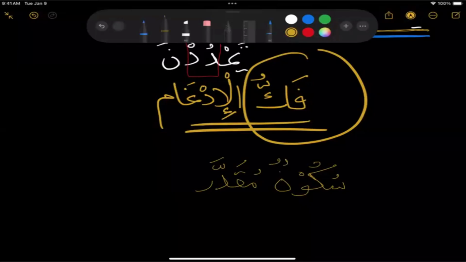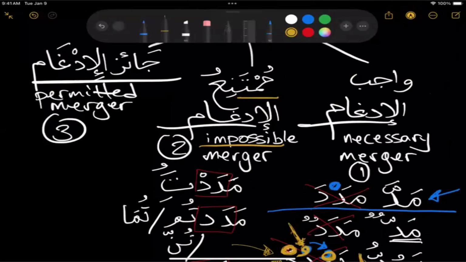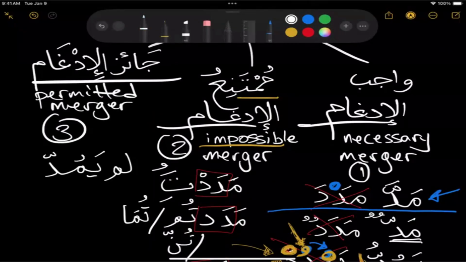Sukoon muqaddar. Now we're going to estimate the sukoon. So if we say lam yamud, how can we do it? If the last letter should have a sukoon because of lam, how can we keep it as yamud? How are we able to keep the dals together?